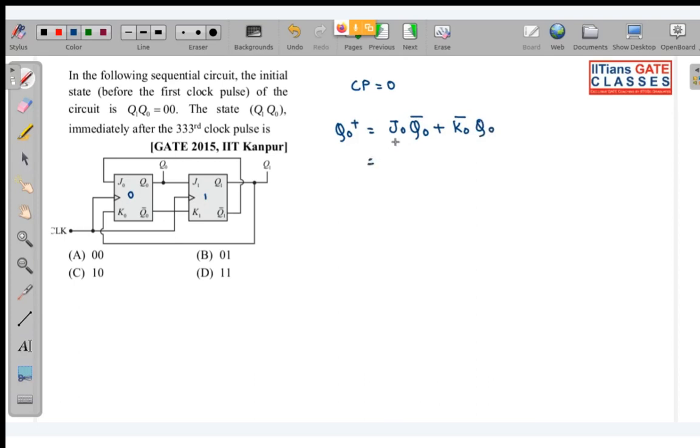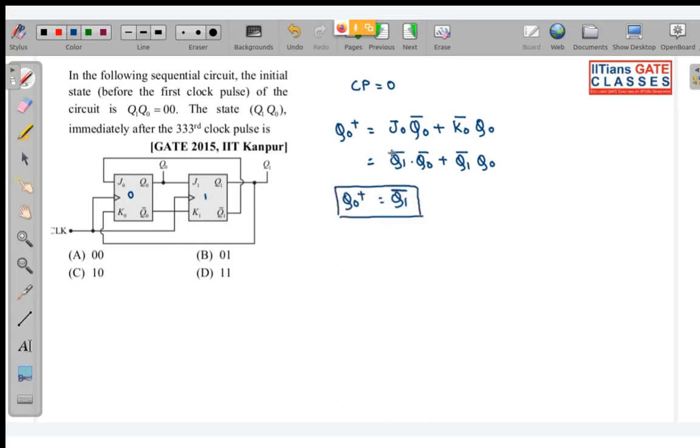Fill over here: J0 is Q1 complement. What is K0? K0 is Q1. So if you do so, Q0 plus comes out to be equal to Q1 complement.